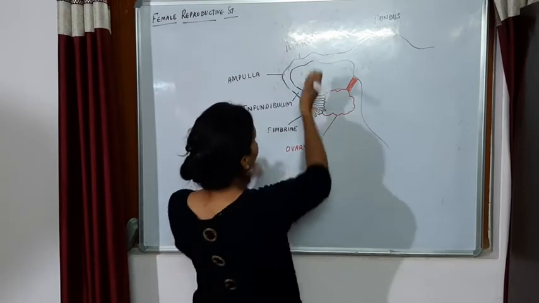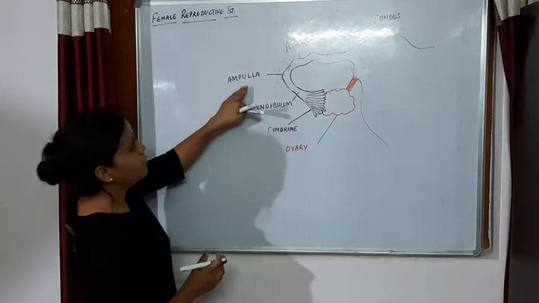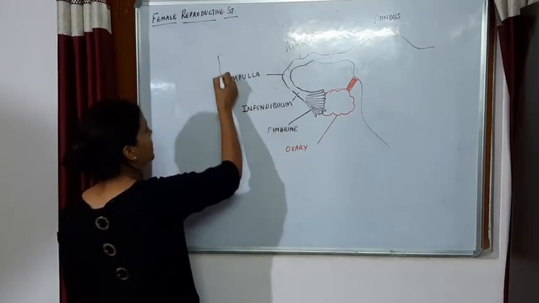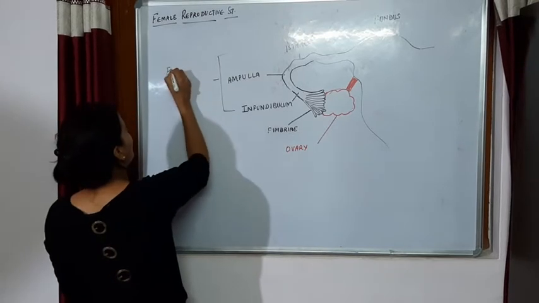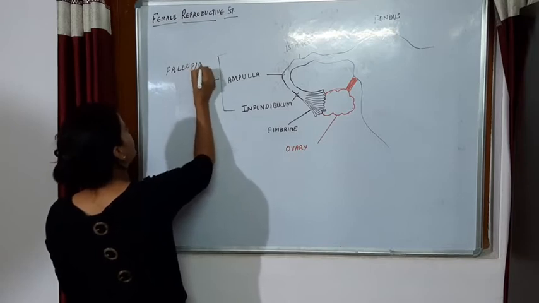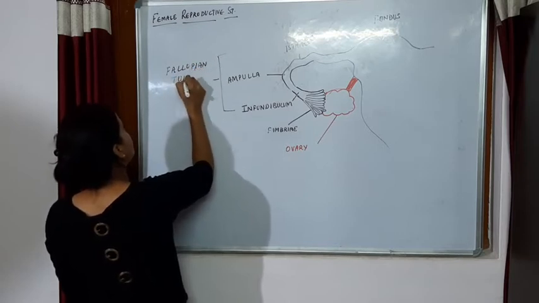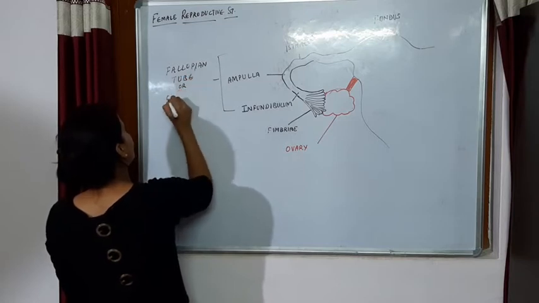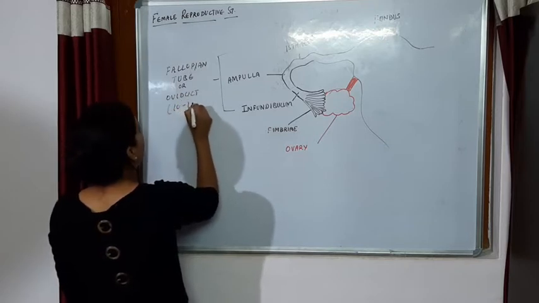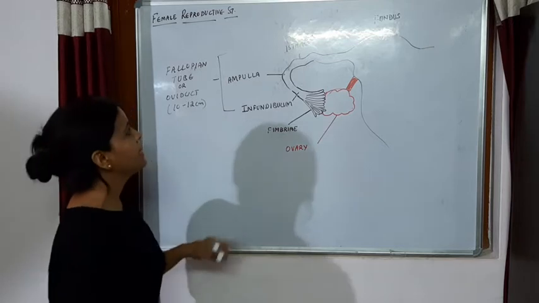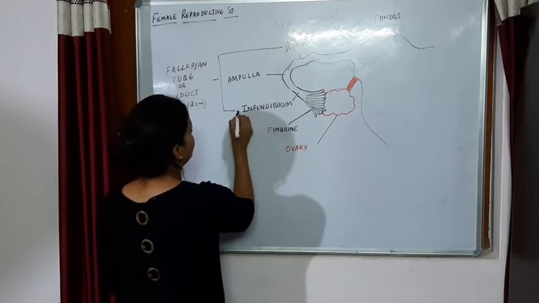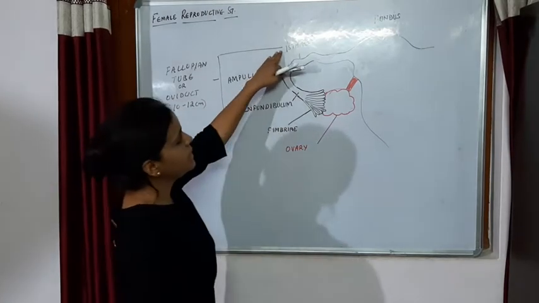Now we know that the infundibulum, ampulla, and isthmus, these three together are known as the oviduct or the fallopian tube, and it is 10 to 12 centimeters long. So these three structures are the infundibulum, the ampulla, and the isthmus.